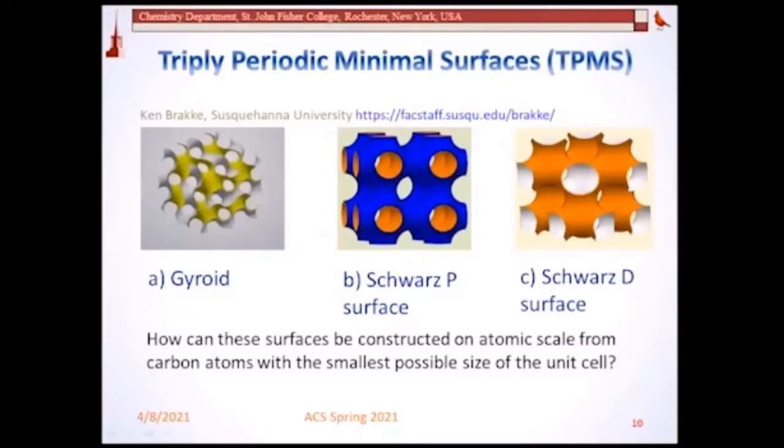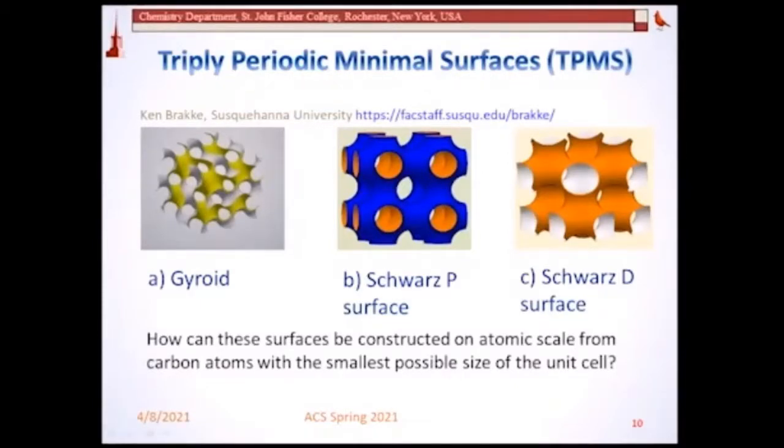And so there are three examples that I've shown there. The first one is the gyroid that was just recently discovered in 1990 or in that time by Alan Schoen. And the two others are Schwartz P and D surfaces, chosen because they're convenient for that modeling.